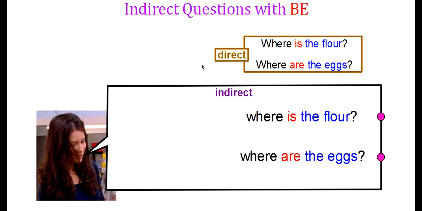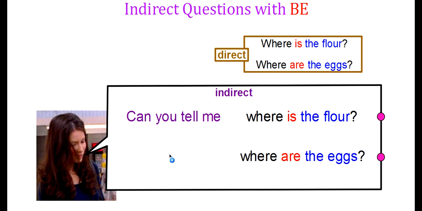So we're going to transform our direct question into an indirect question. So here are two direct questions with be. Where is the flour? Where are the eggs? We have is and are here. I've moved them down here, but we're going to transform them now. In Kayla's indirect question, remember the very first thing we need is one of these phrases.